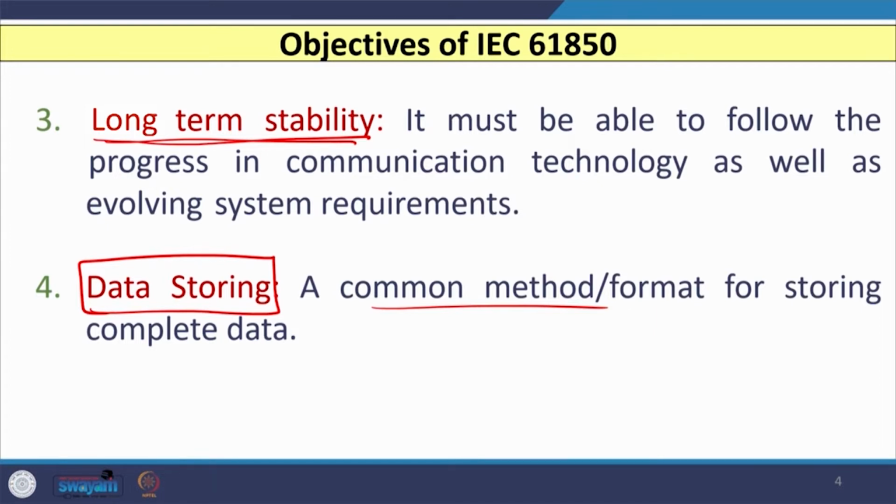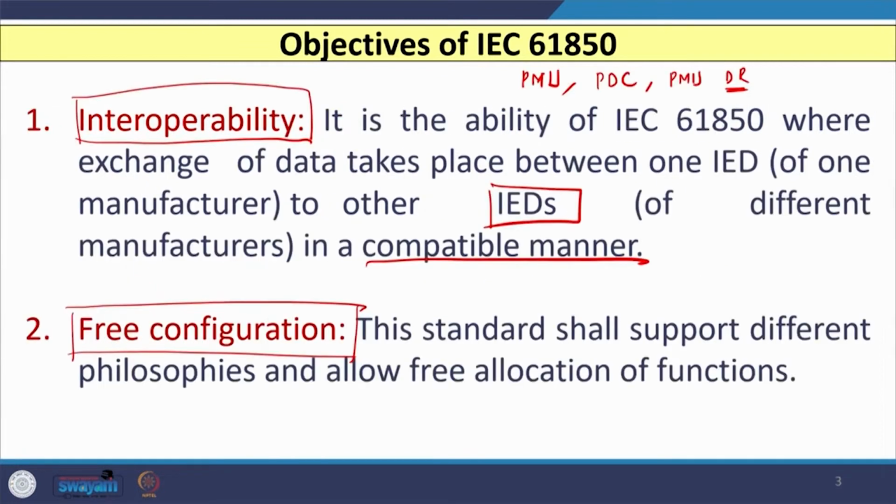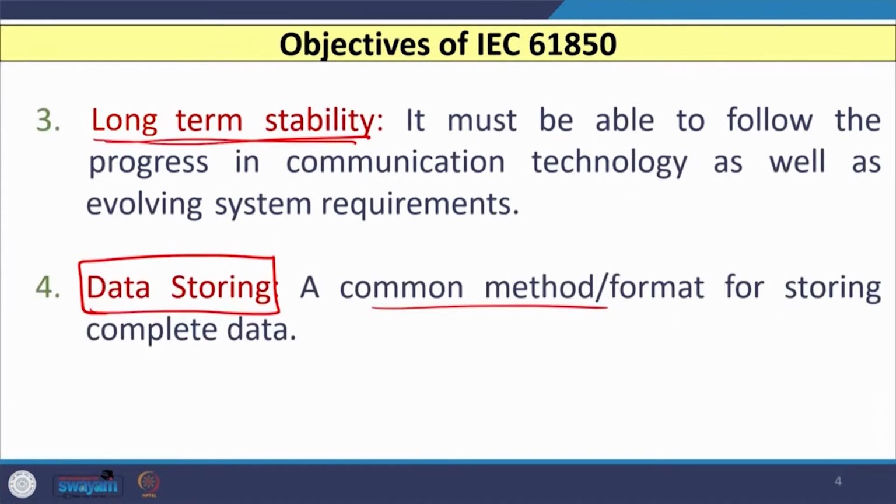So, the first is interoperability, second is free configuration, third is long term stability, and fourth is data storing. These four are the main objectives of IEC 61850, and because of these four objectives, IEC 61850 is widely applicable and adopted by all the relay manufacturers and substations throughout the world.